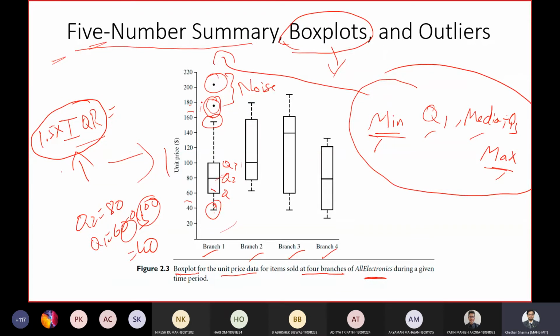So these particular values, approximately 175 and approximately 205, are more than 1.5 times 40. So you will just keep a dot telling that these are considered to be outliers, or potential outliers. You cannot straight away call them outliers. They are called potential outliers.